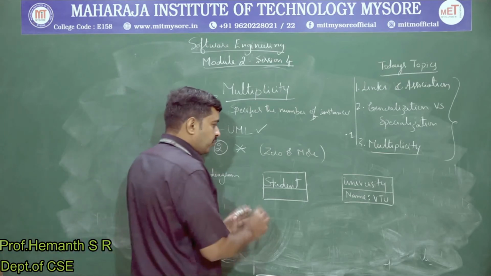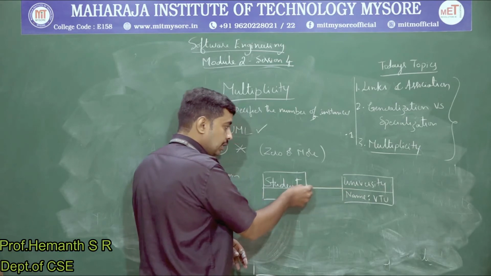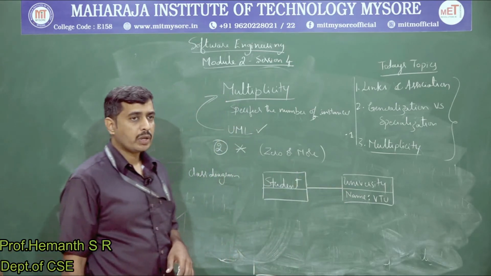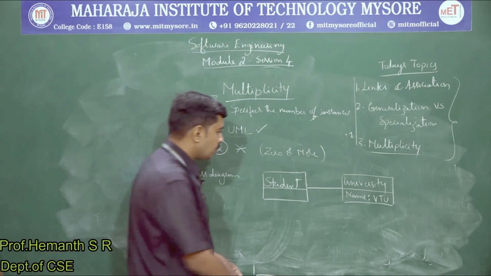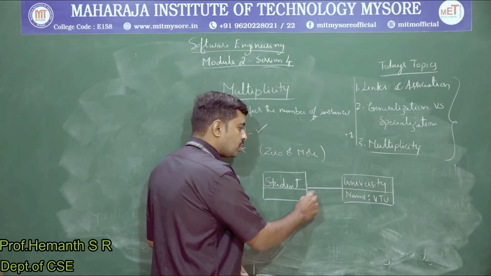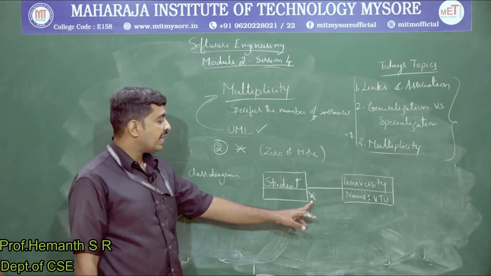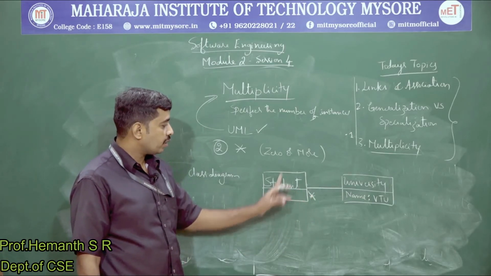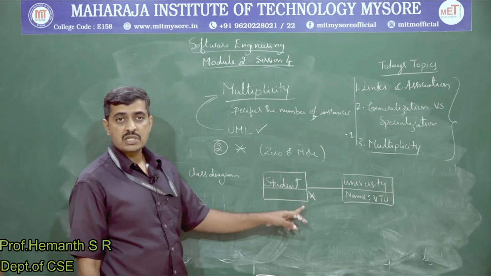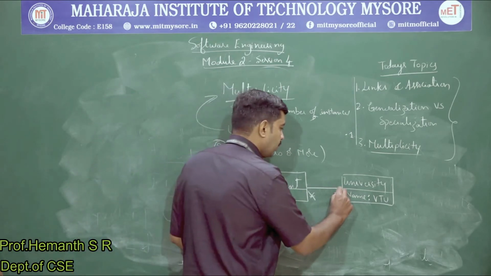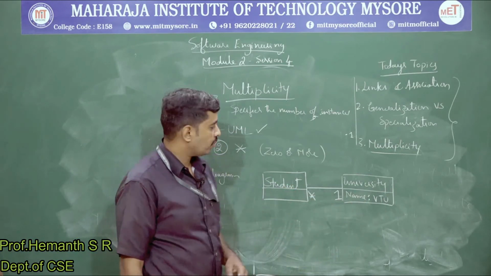Definitely there is a relation between the student class and the university class, which I will indicate by a link or a line. Now how many instances of students are possible here? It is not 1, it is not 0, so it is more than 1, indicated by an asterisk, meaning there can be n number of students, and all these students are associated with one university, VTU.